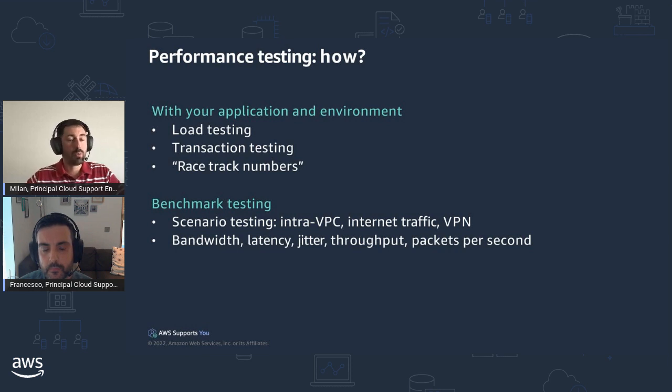What is the maximum bandwidth, latency, jitter, throughput, and packets per second. So those are your benchmark, overall environmental testings. They are really good and really useful, but most of the time they are not a concern for the majority of customers. And it's the first one, the application and the configuration of the environment, which is what makes it very important to test.